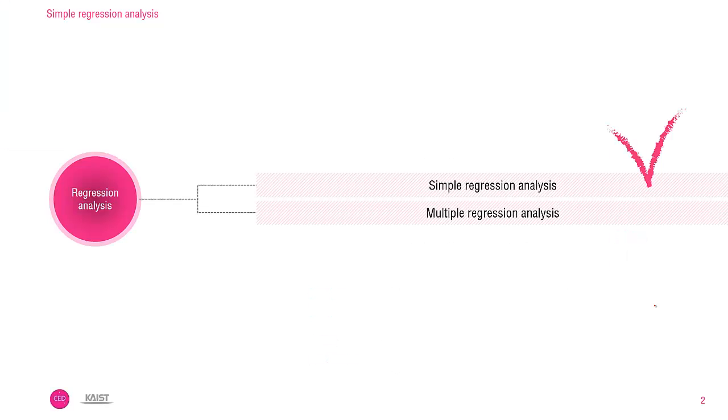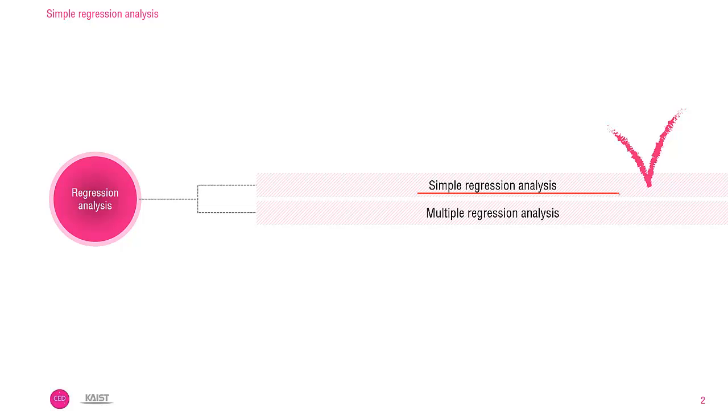Differently from the correlation analysis, the regression analysis expects the cause and effect. And it's you who assigns the variables with each role. In this video, we learn about the simple regression analysis.